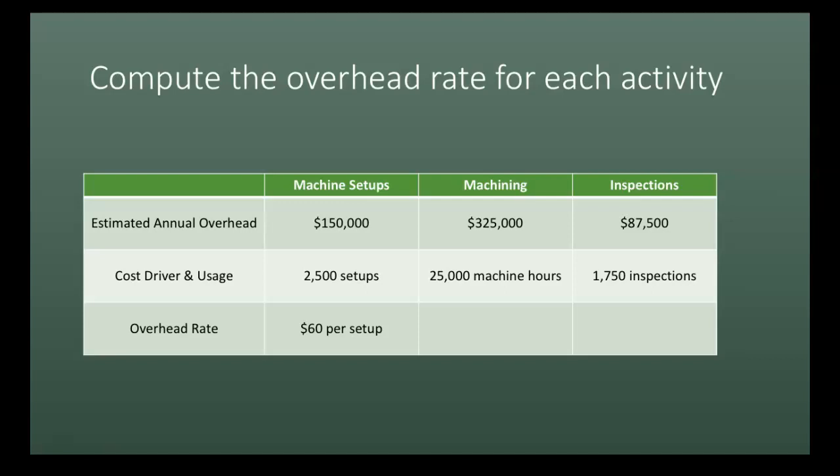Now machining, we take our $325,000, divide it by our 25,000 machine hours to get an overhead rate of $13 per machine hour. And now for inspections, we take our estimated annual overhead of $87,500 and we divide it by 1,750 inspections. That will come out to be $50 per inspection.